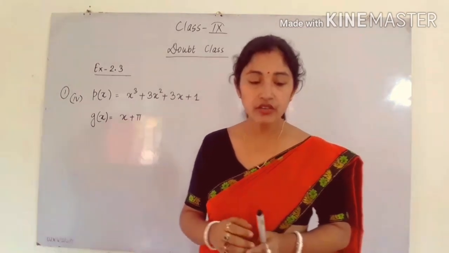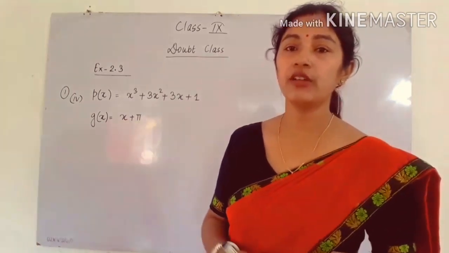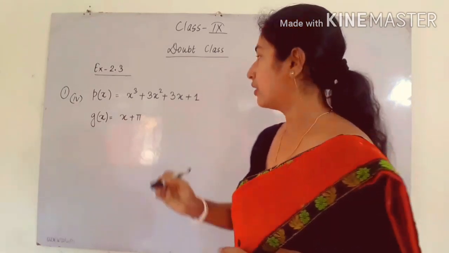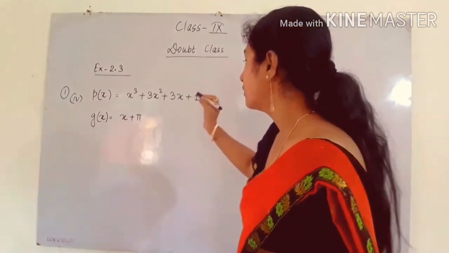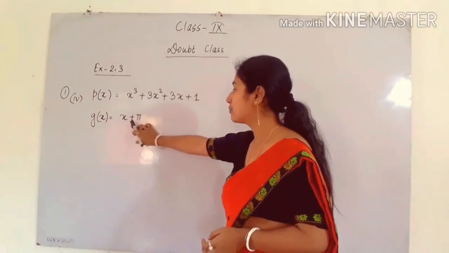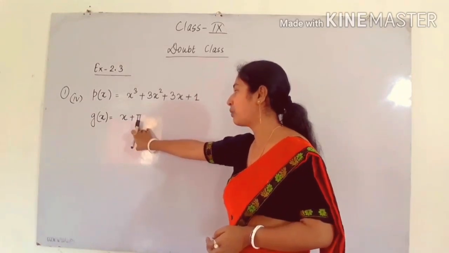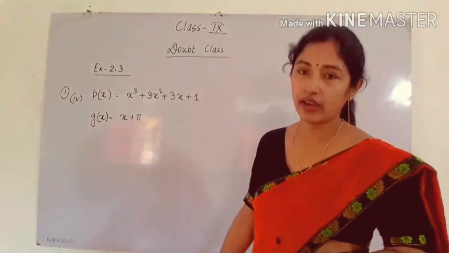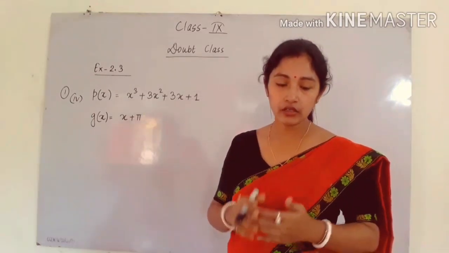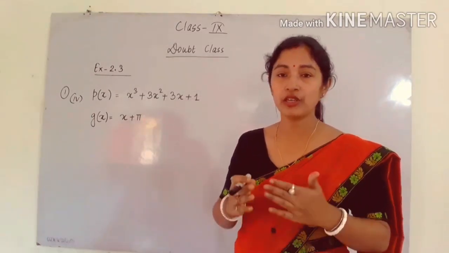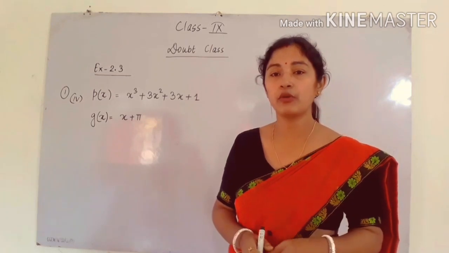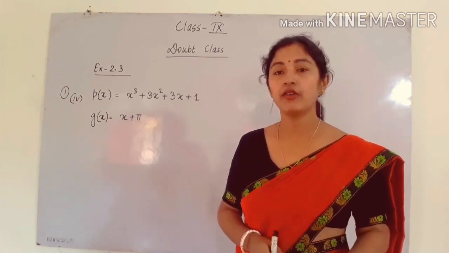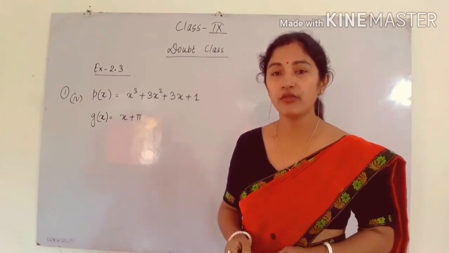But when we use the long division method, then you have to see here that pi. What is pi? Pi is a constant value. In class 9 or class 8 you have studied about pi. The value of pi is 3.14.